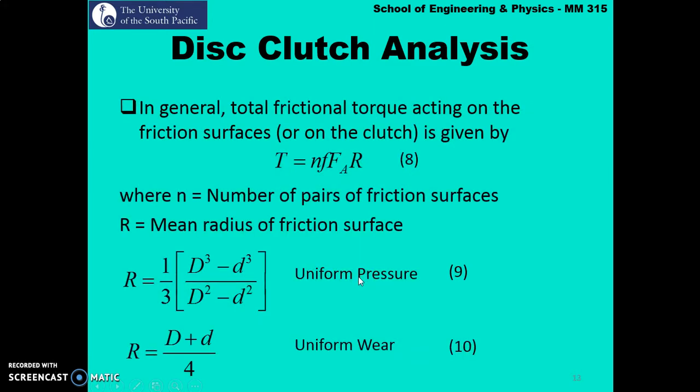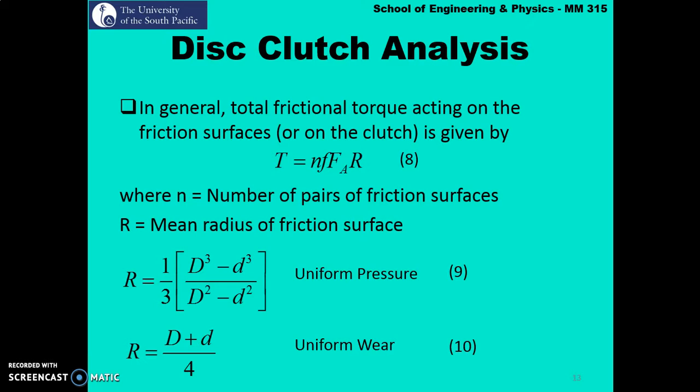Now this is just a general case, irrespective of whether you're given a uniform pressure or a uniform wear case. What generally happens is, the question would sometimes specify that some of the parameters would not be given to you. For instance, if outer and inner diameter are not provided, then you will use equations 8, 9 and 10 to solve the problem.